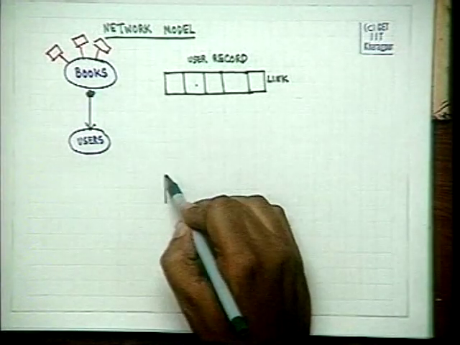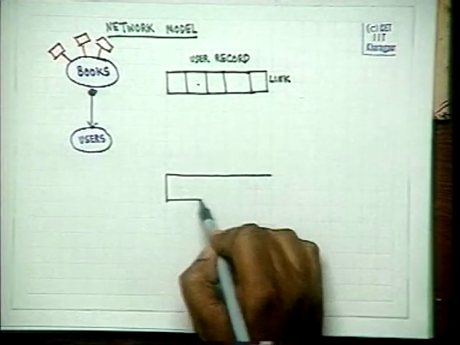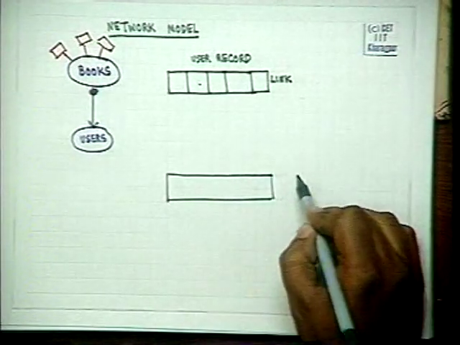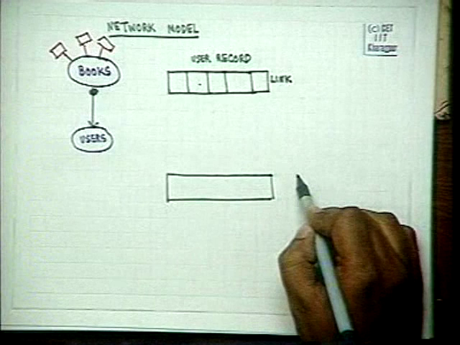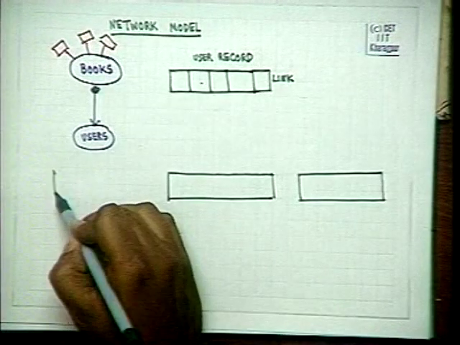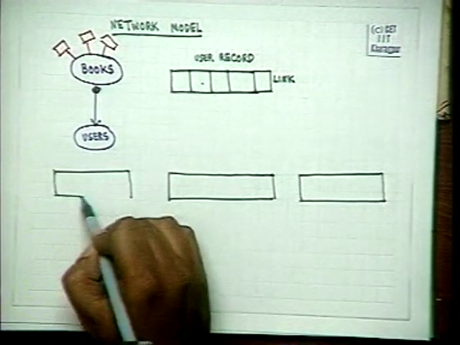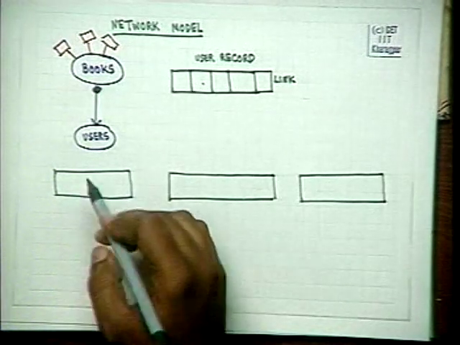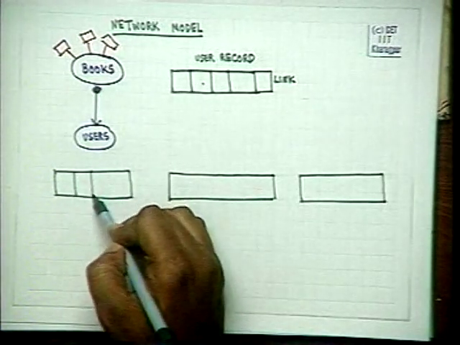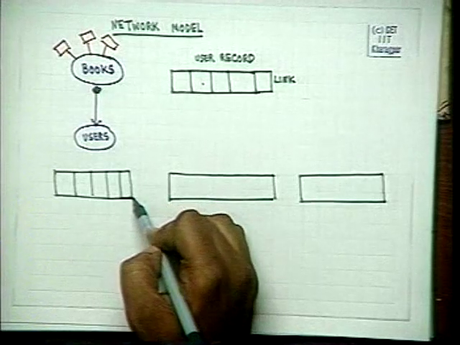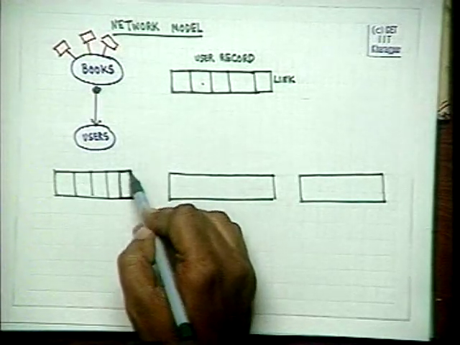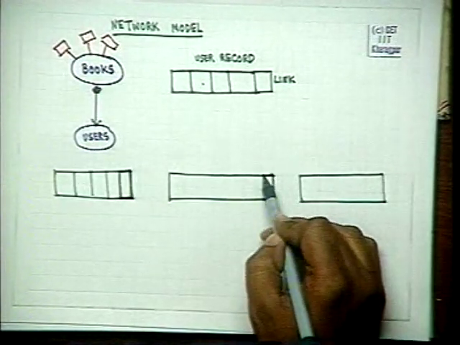So you will have records corresponding to the books. This is one book, this is another book, this is a third book, and for all these books you will have their attributes as well as a special link field. Each of them will have a link field.